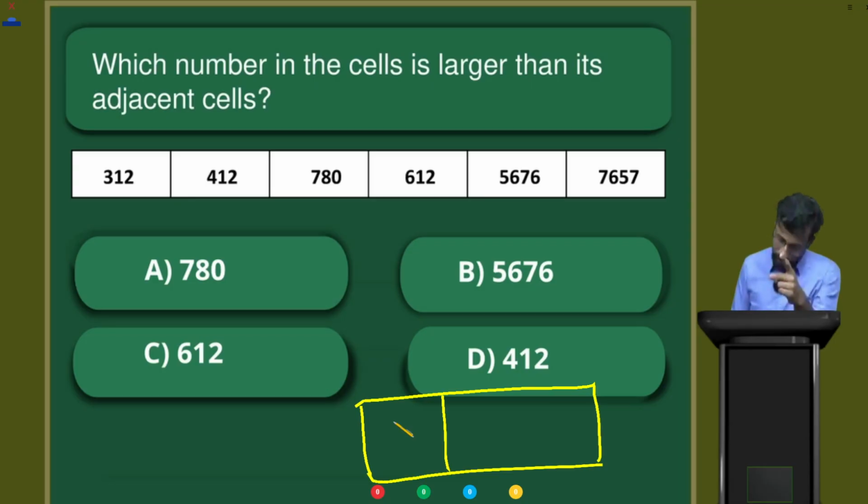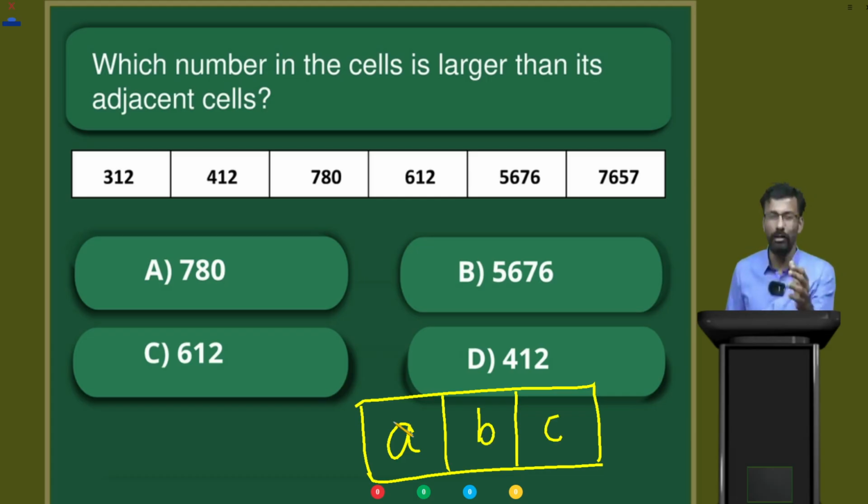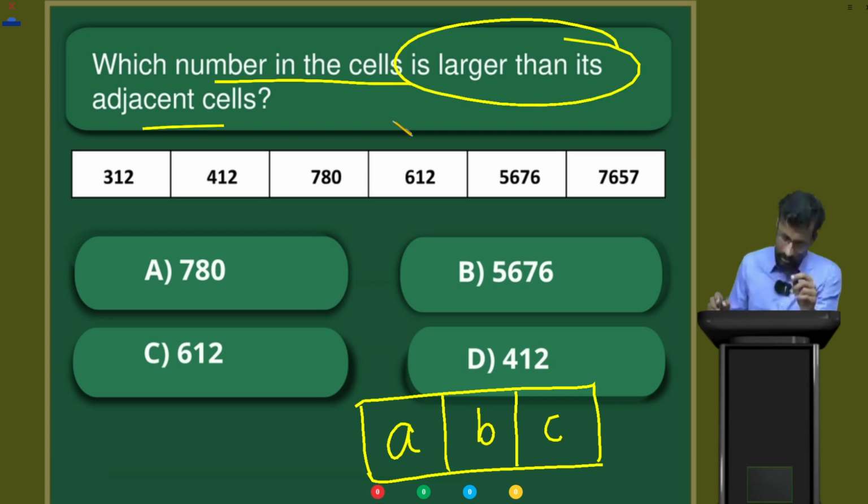Suppose it's a set of three numbers: A, B, and C. So A, B, C can be any numbers from the number system, but not negative. So which number is larger than its adjacent cells?